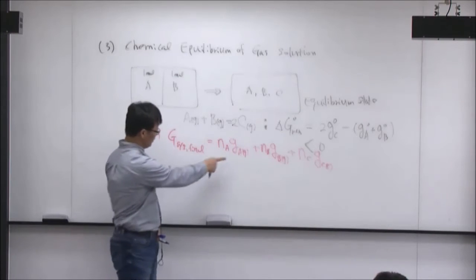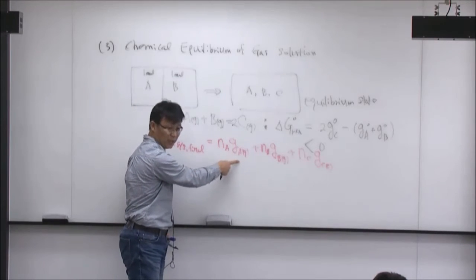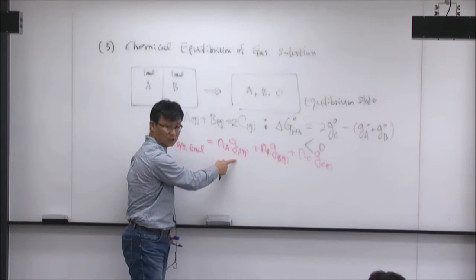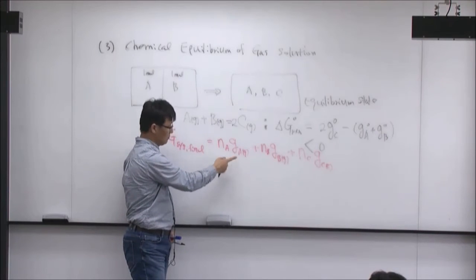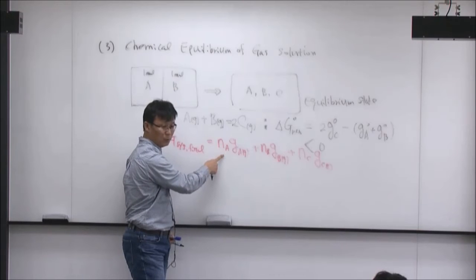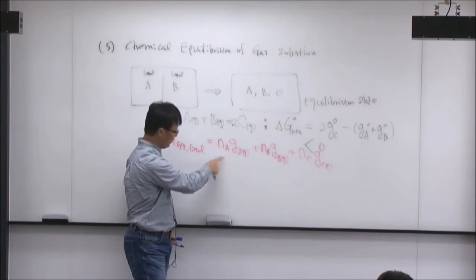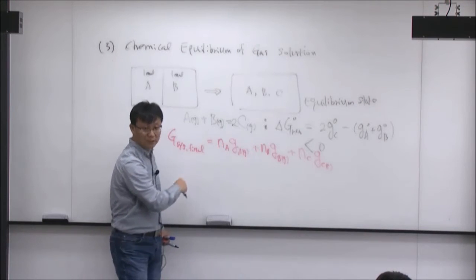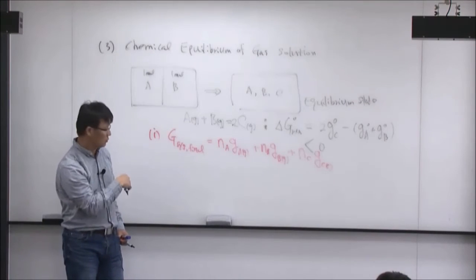It's the partial Gibbs energy of A, depending on the partial pressure. Then we can define the partial Gibbs energy times the number of moles of the given species, and the summation of these is the total Gibbs energy of the system. Is it okay?